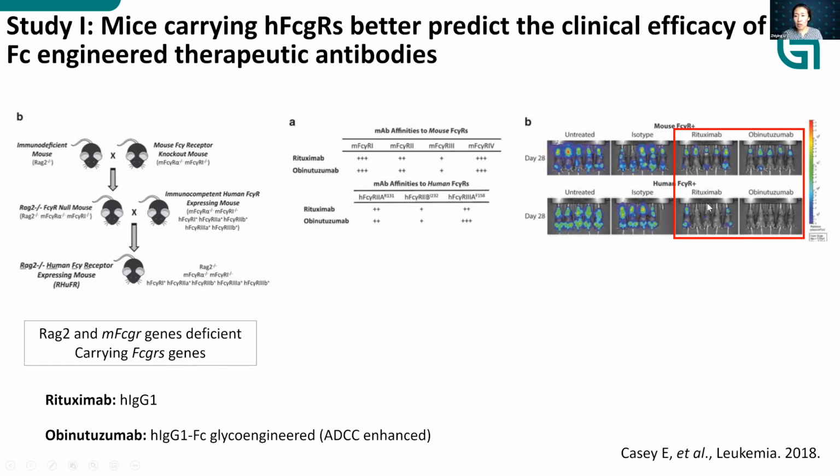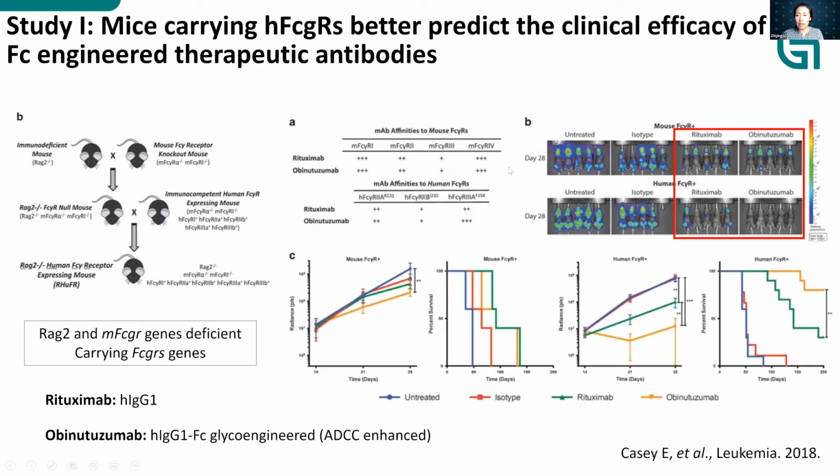And in addition, as you can compare in the lower panel, the rituximab versus the obinutuzumab, the humanized mouse with a Fc portion enhanced antibody really is literally giving a 0 tumor readout.